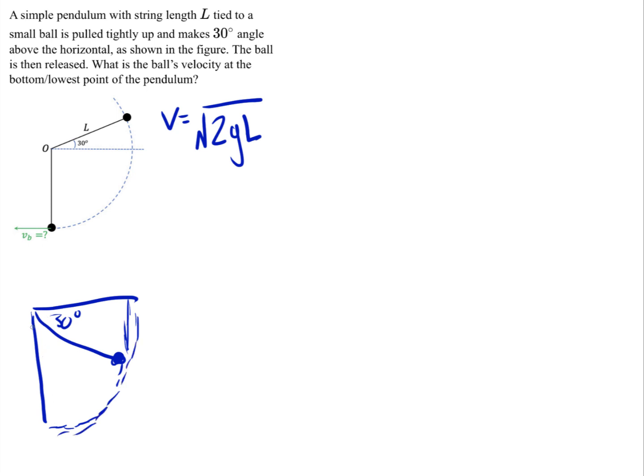And these two angles are complementary since this makes a right angle. So this is 60 degrees. So for the next 60 degrees, it's going to have to undergo circular motion. Again, this is length L. This is length L sine 30.